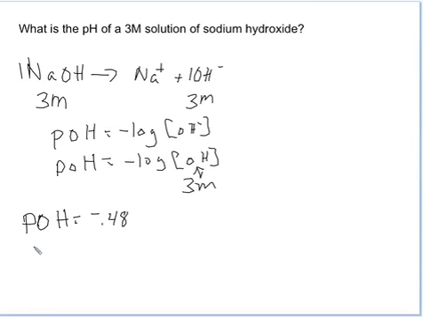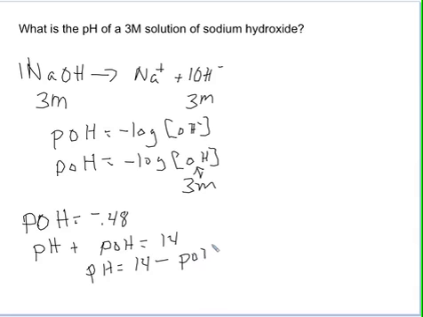Then you have to remember this formula because we want to get pH: pH plus pOH equals 14. So to solve for pH, we'd get pH equals 14 minus the pOH. I just moved the pOH over there.